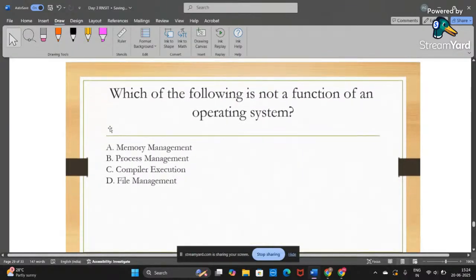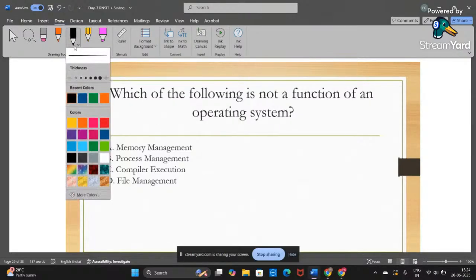Which of the following is not a function of an operating system?